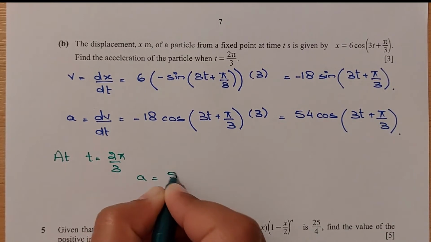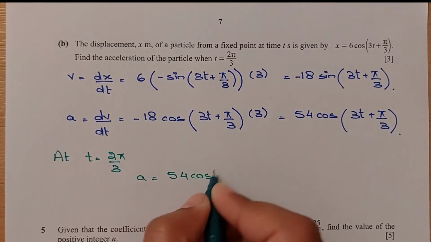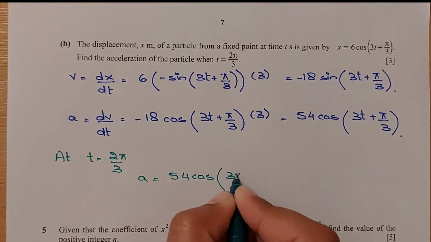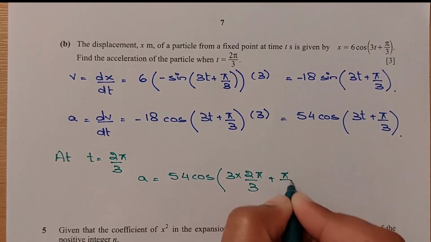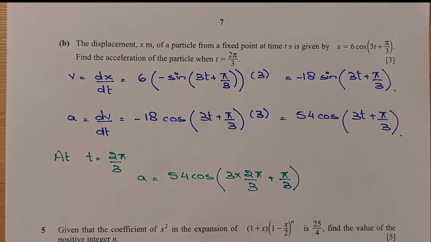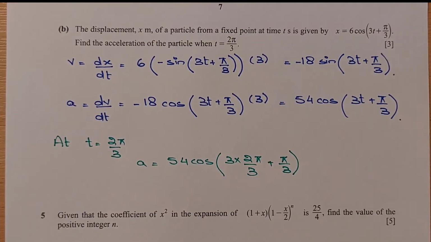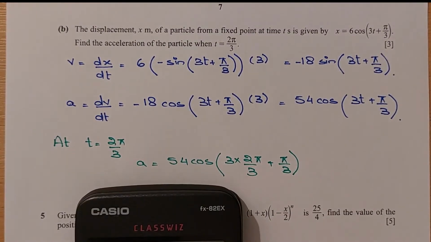So let me substitute t equals 2 pi by 3. Acceleration is 54 cos(3 times 2 pi by 3 plus pi by 3). Okay, we need to calculate in radians.